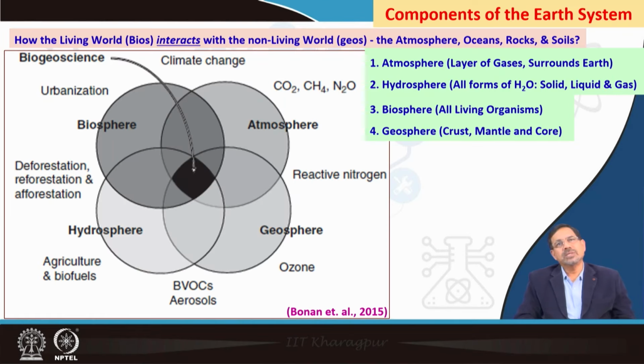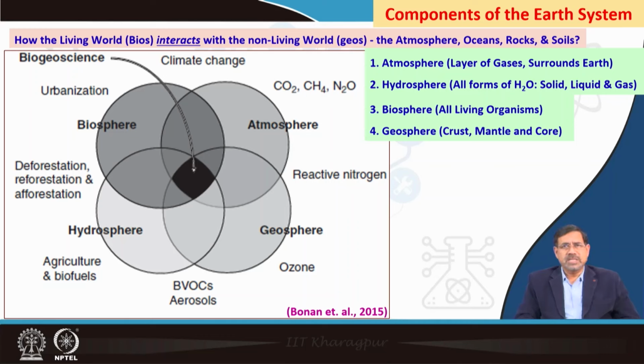To do this, let us understand how the living world, that is the biotic system, abbreviated as BIOS, interacts with the non-living world, which is geogenic, and sometimes we say it GEOS. So together they form the term biogeo, or we study it under the framework of biogeosciences.